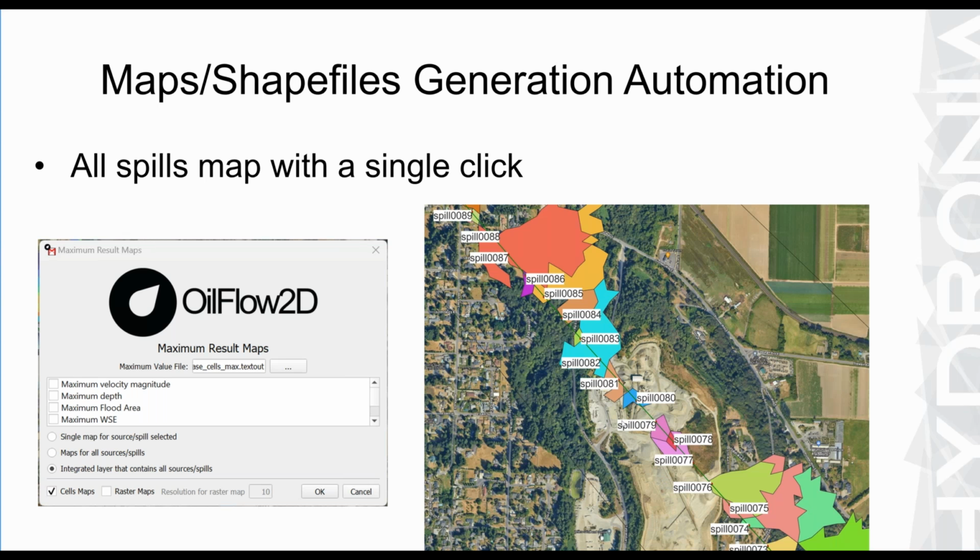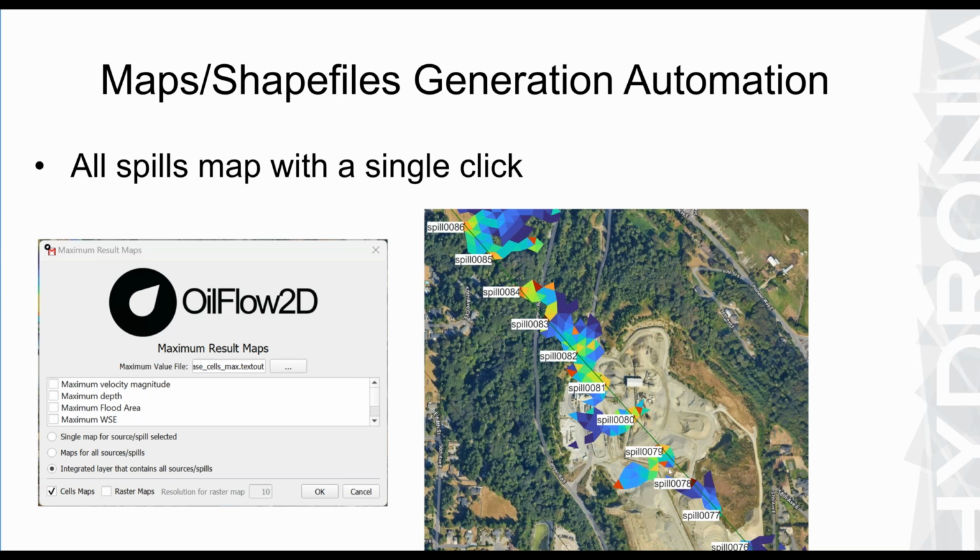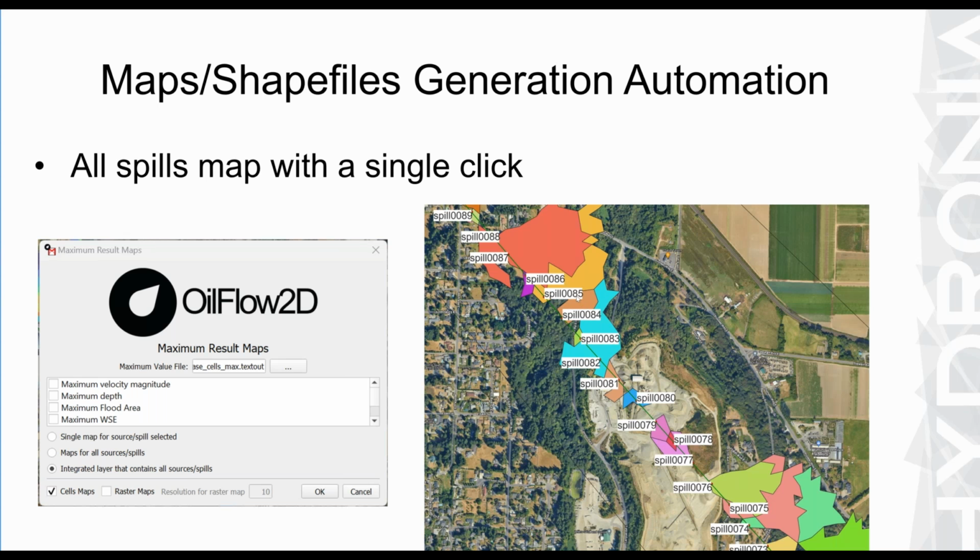This is an example. This one is the depth, and these are the spill area, the affected area. As you can see here in this example, each is colored within a specific area.